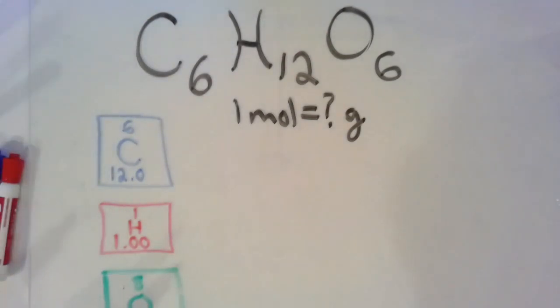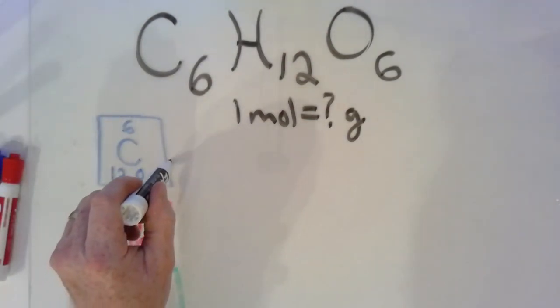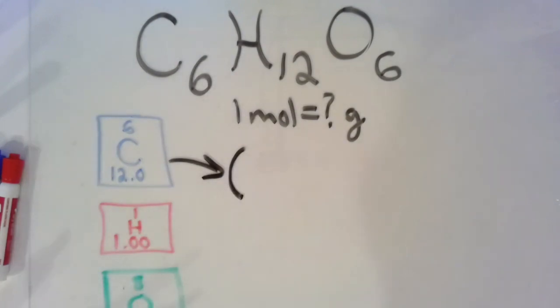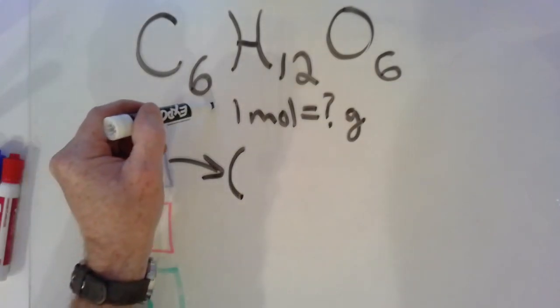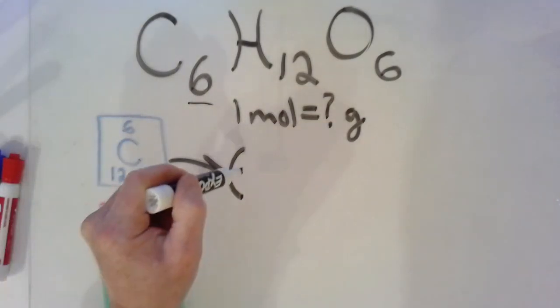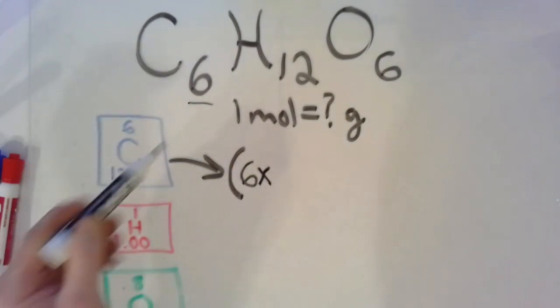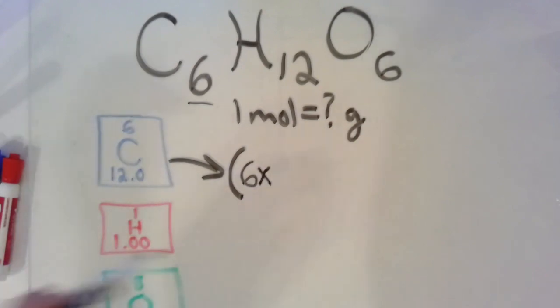So for carbon, mathematically what I like to do here is to use parentheses to keep it straight, especially if you're plugging along with a calculator. There are 6 atoms in there, so we're going to do 6 times 12 grams per mole.